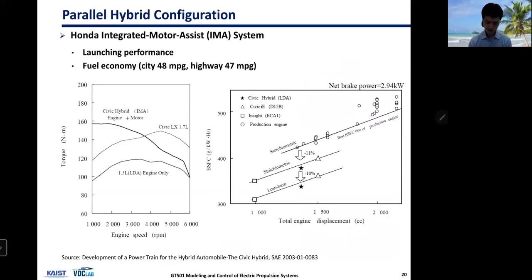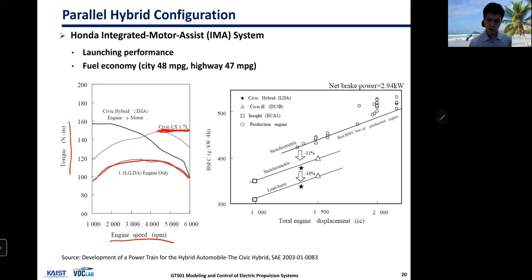And this is what the net powertrain torque line looks like. X being engine speed, Y being torque, and you have this downsized engine. Usually you would need a bigger engine, 1.7 liter, but because you have a motor, you can actually downsize, and that can help you with fuel economy.